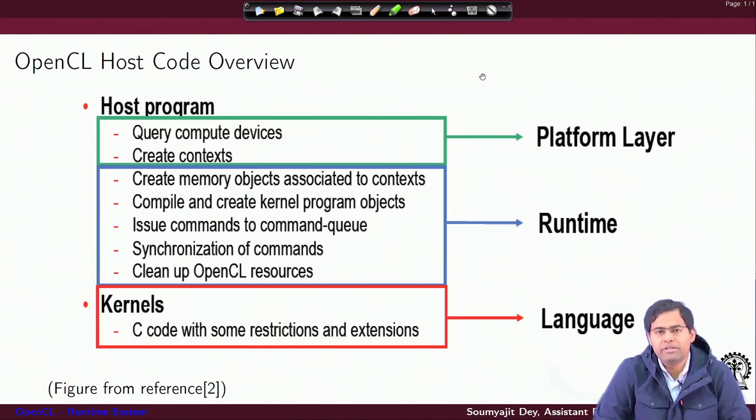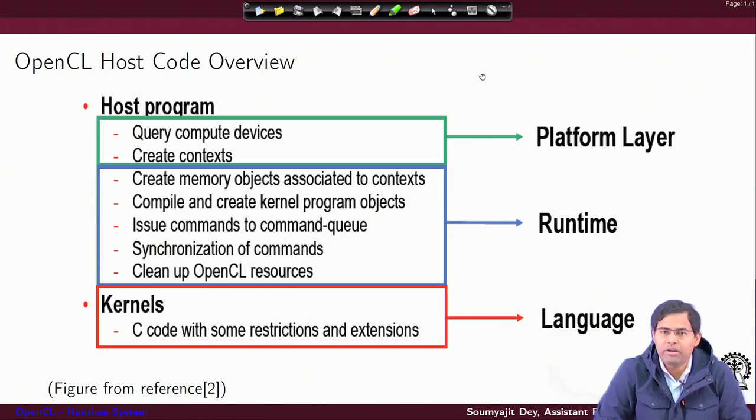So, just to summarize again, you have queried devices, and you have segregated devices belonging to different vendors in an architecture specific way, so that is the idea of platforms, right? You may have different platforms connected together. In the platform layer, after you query the devices, you create contexts. Now, of course, one context, and this is also important, would typically be using that vendor's OpenCL implementation.